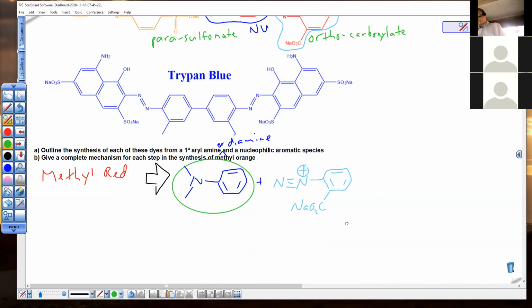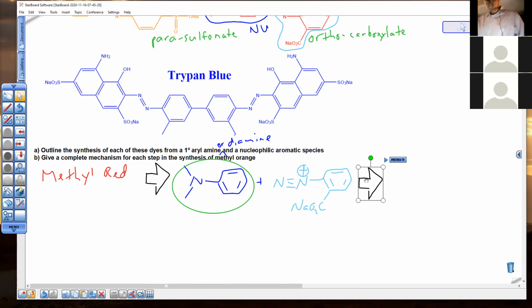Oh, it made it pretty. And this has to come from the aniline. Remember the diazonium dye comes from an aniline. Sorry, the diazonium electrophile. This is the diazonium dye. It's called methyl red.